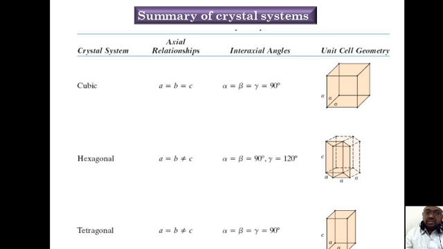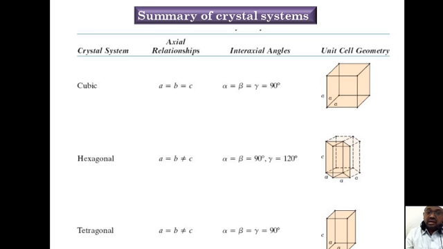So this crystal system, we call the angles interfacial or interaxial angles. I have shown you the lattice constant relationship and the unit cell geometry, how the unit cell looks. On the first side we have the crystal system and the lattice parameters. The lattice parameters are the combination of the axial relationships, and axial relationships are the dimensions with respect to the crystallographic axes, that is the x-axis, y-axis and z-axis.